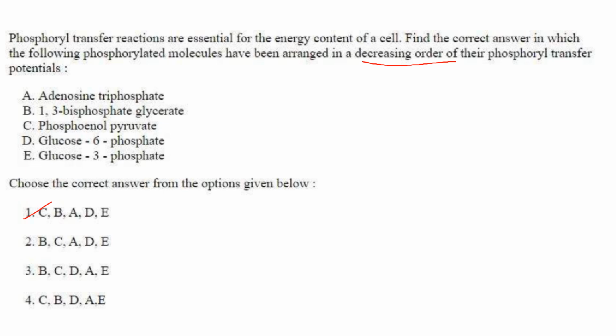So the first one will be phosphoenol pyruvate. It is more in phosphoryl transfer potential. So C will be first, then comes 1,3-bisphosphoglycerate, B, then comes ATP, adenosine triphosphate, then D, that is glucose 6-phosphate and then glucose 3-phosphate. Answer is option 1.